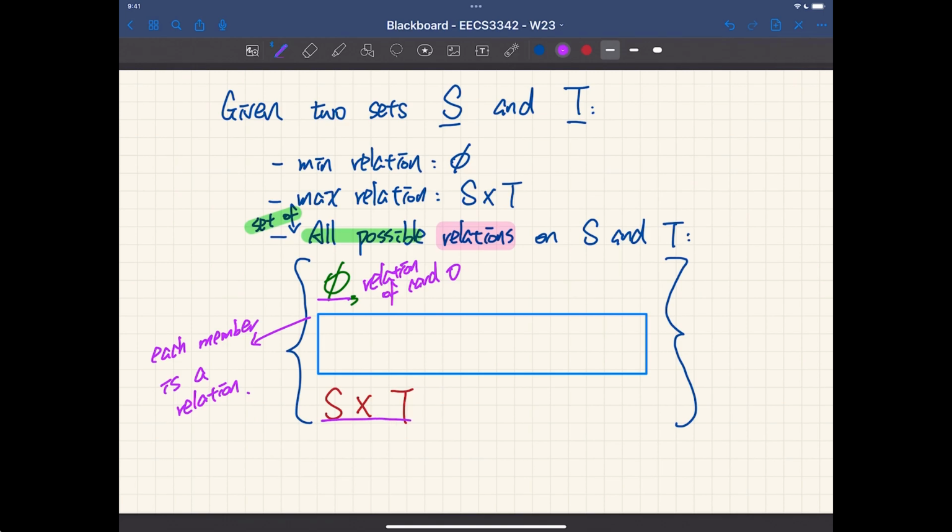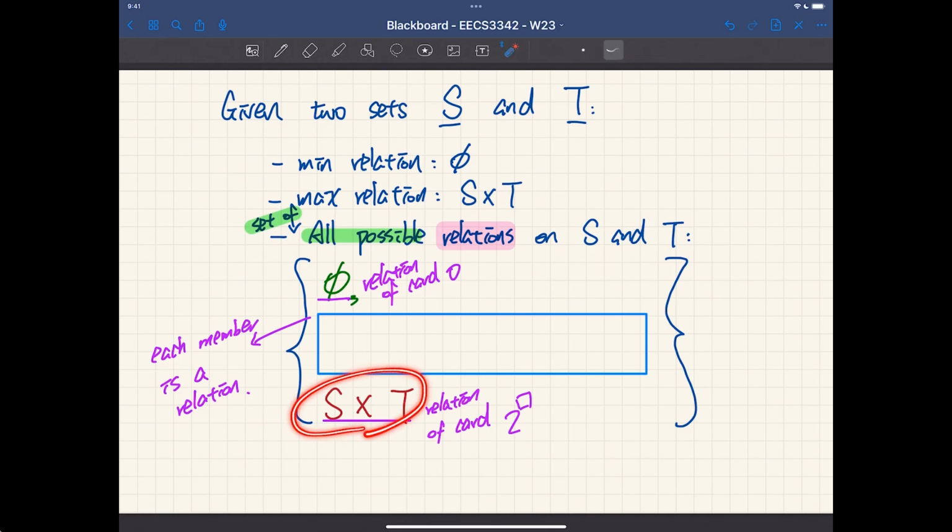And guys, what about this? This will be a single relation of cardinality what? 2 to the power of, maybe too much. This will be the maximum relation, right?